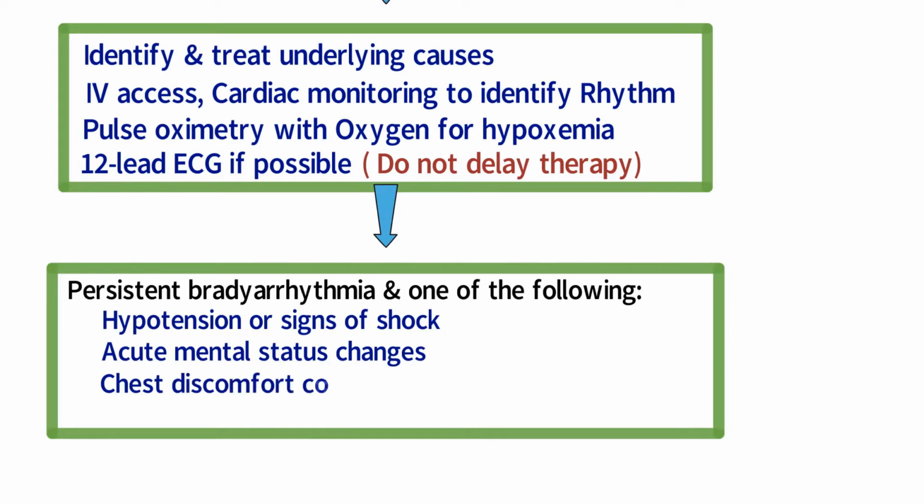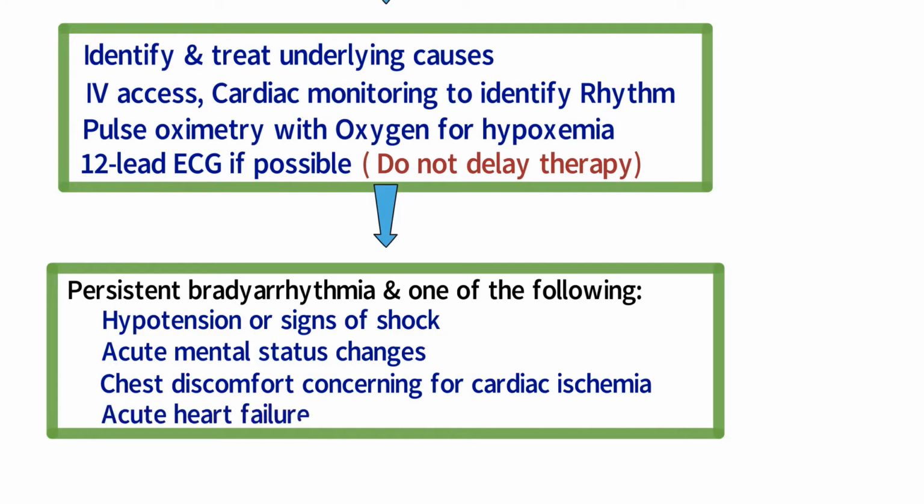And if the patient is having chest discomfort, like in the case he will tell you that the patient is holding his or her chest, because this chest discomfort may be an indicator for cardiac ischemia, or if the patient is having acute heart failure.